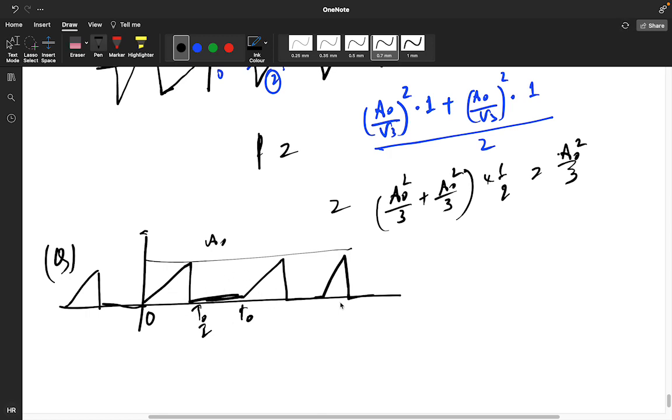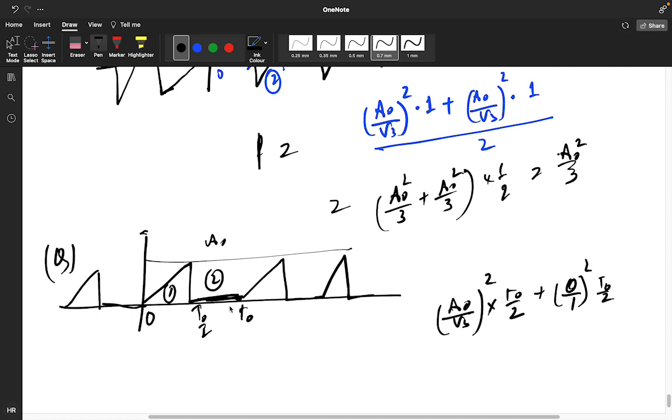For triangle 1, it is A0 by root 3, the whole square, into the time it runs, T0 by 2. The second part is 0, because nothing is there, it is like a straight line, and it also runs for T0 by 2.